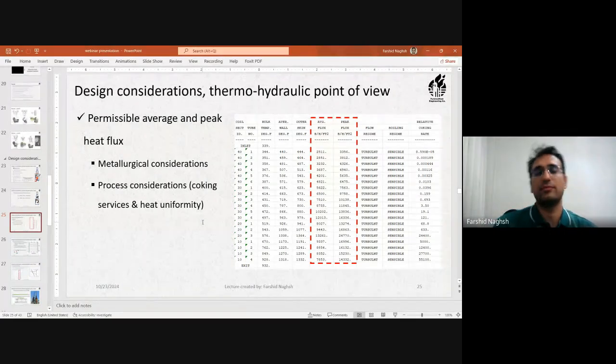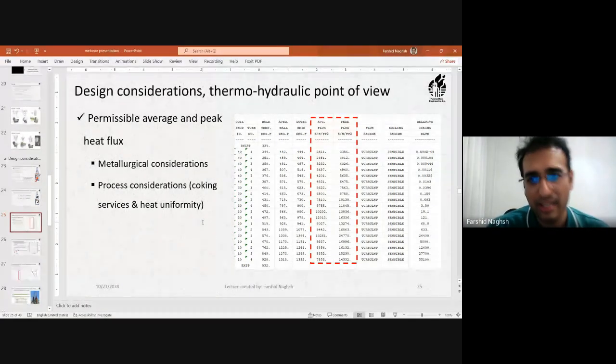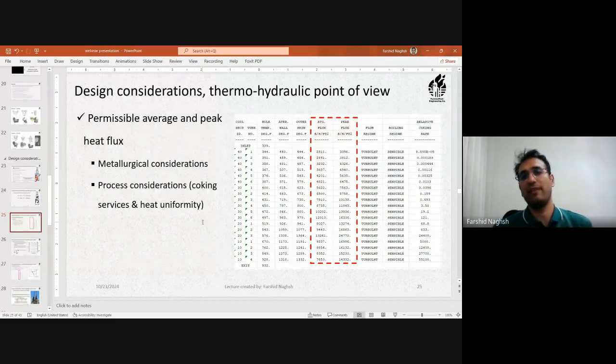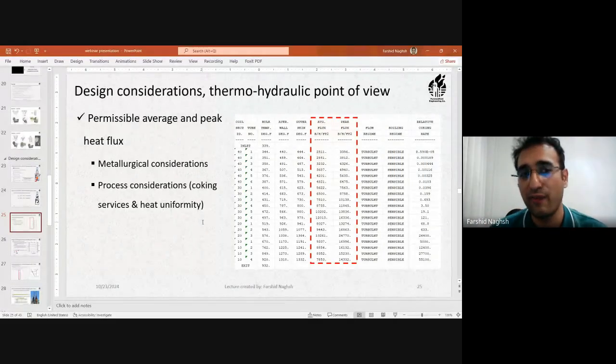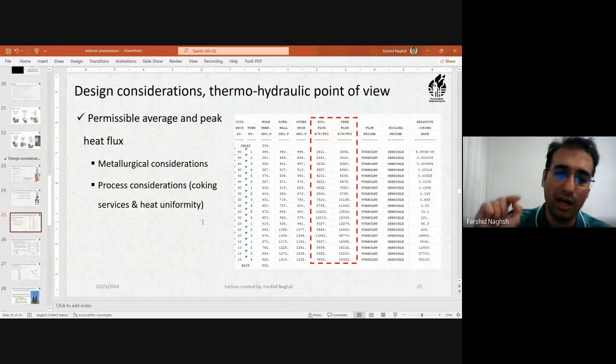We cannot put or emit as much heat as we want onto a tube. We have limitations. We cannot say that we have, for example, 100,000 BTU per hour per square foot of flux on a hydrocarbon tube.